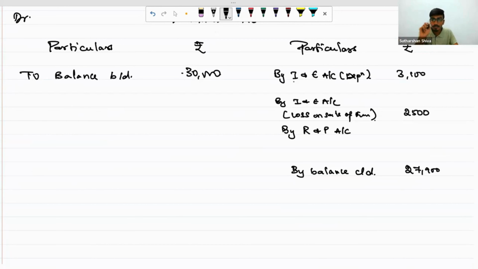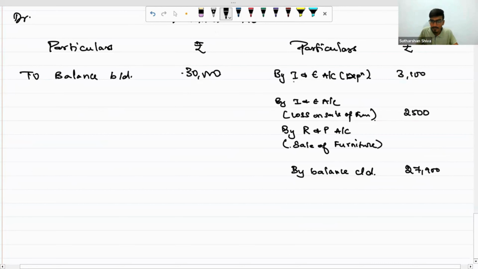In your examination, you should write by receipts and payments account. Here, as per the time constraint, I am writing R and P account. In brackets, write sale of furniture. What is the value? Sale of furniture value is 4,500.